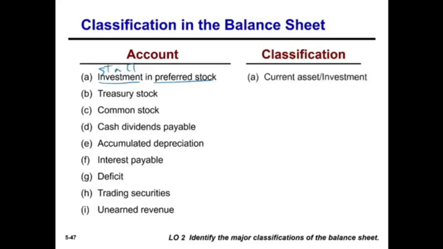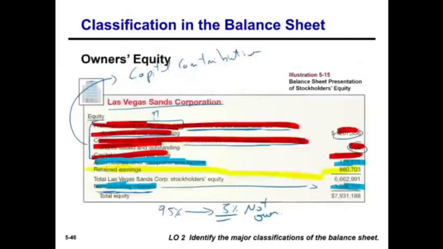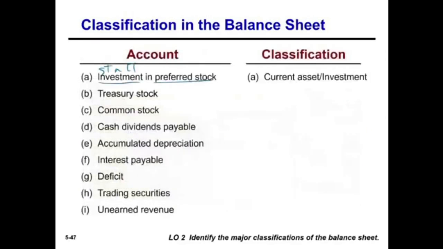So for this, it could be current or long-term investments. Treasury stock, which we did not talk about, should have been listed here under equity. Treasury stock is an equity, and to be more specific, it's a contra equity.